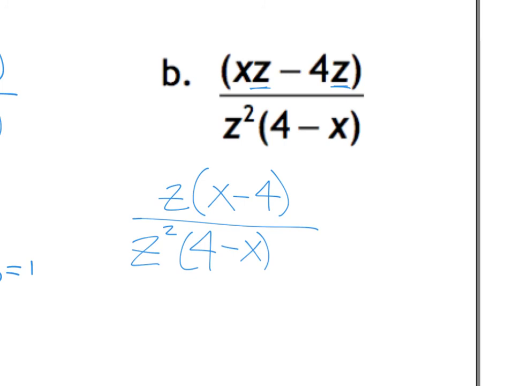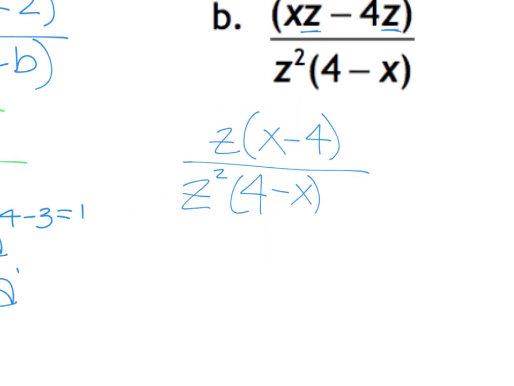All right, let's rewrite this so that I have the same order. So I'm going to rewrite the bottom. I like to have the variable first. It really doesn't matter which one you rewrite. So I have z times x minus 4 over z squared times negative x plus 4.